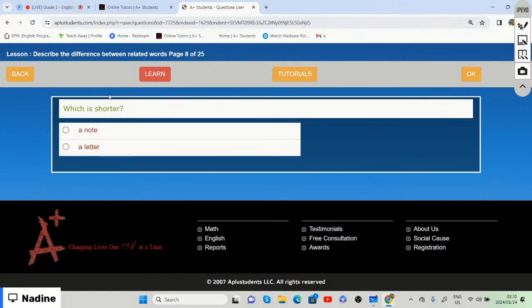And if we ask what is something shorter, right? Is it a note or is it a letter? Something that is very short.